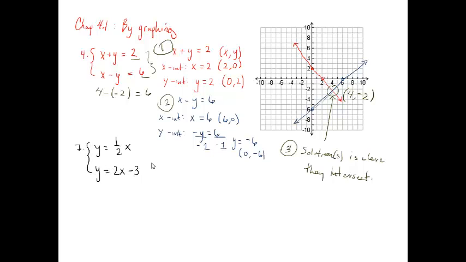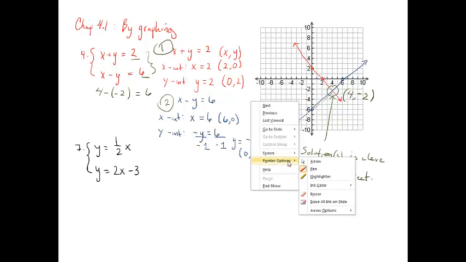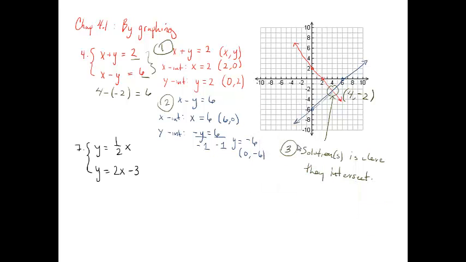This is my system, and I'm going to solve it by graphing. So if you will allow me, of course you will, I'm actually going to erase just this piece and the graph, of course, so I can use it again.